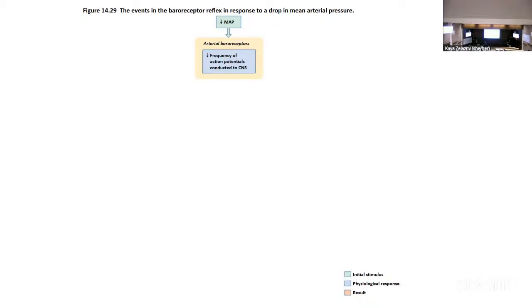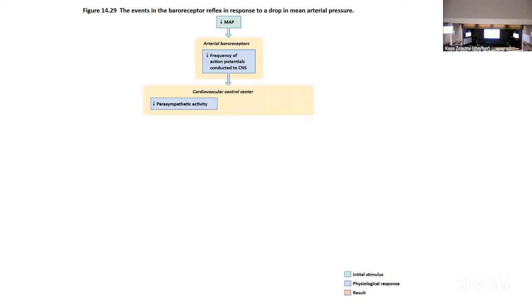So those action potentials that they're sending up to our central nervous system slow down, because they're responsive to the stretch. So your brain is going to know that we've seen a sudden drop in the mean arterial pressure. Okay. So our cardiovascular control center is then going to respond.